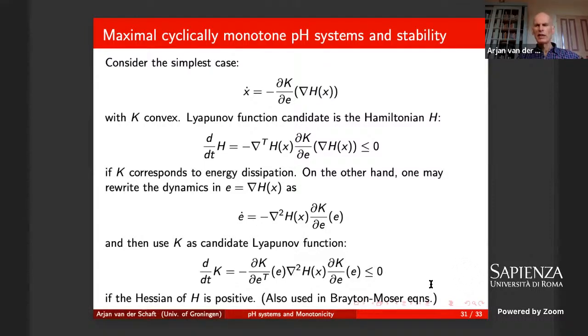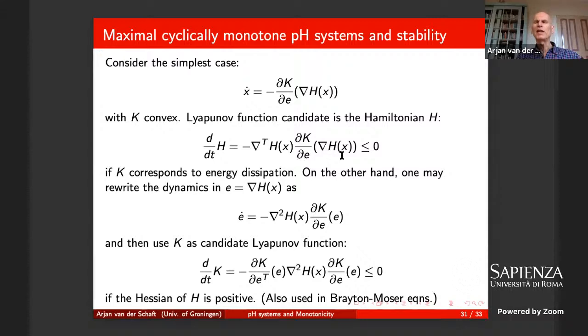Well, one more thing that I would like to point out is that these cyclically monotone Port-Hamiltonian systems also suggest an alternative stability analysis approach. So let's consider the simplest case where we do not have inputs. We just have an autonomous system given by a function k of E and then Hamiltonian H. Then of course the first Lyapunov function candidate is just the Hamiltonian, the energy.